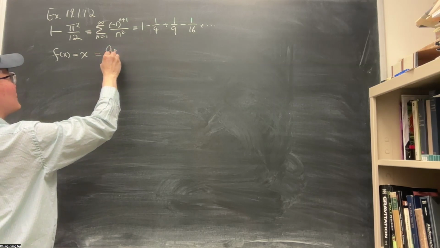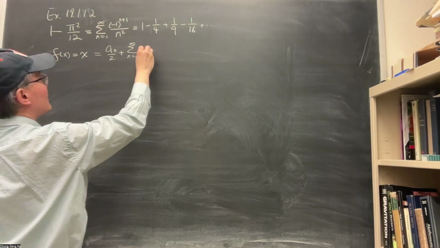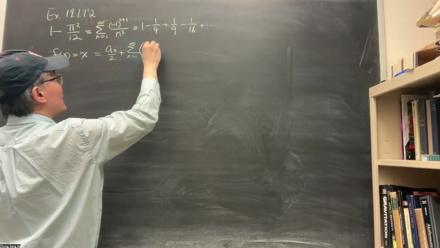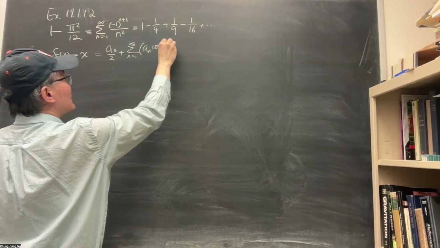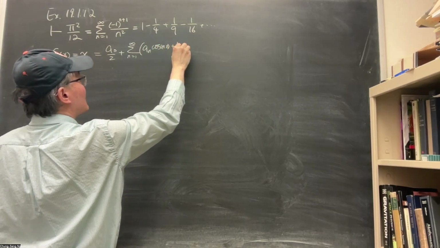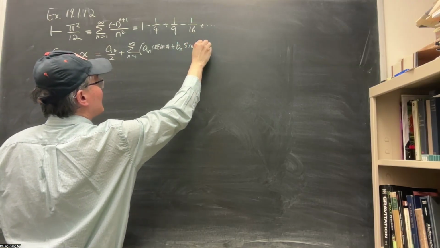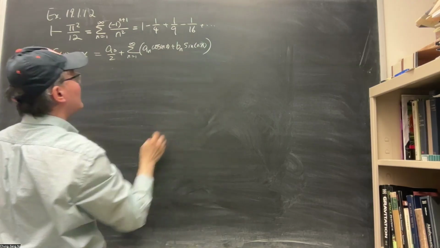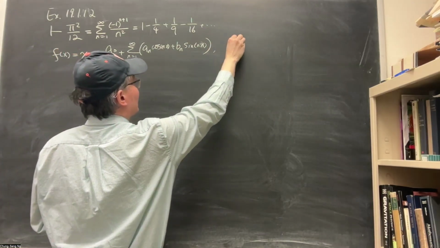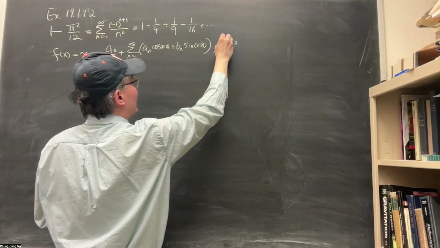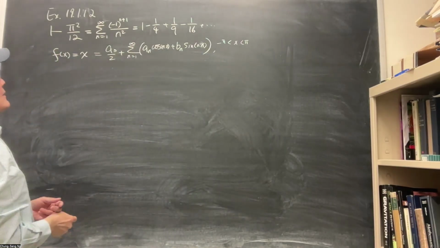You have a0 over 2 plus the sum over n of a sub n, the cosine term, and b sub n, the sine term, at x. The period is 2 pi, so x goes from minus pi to pi.